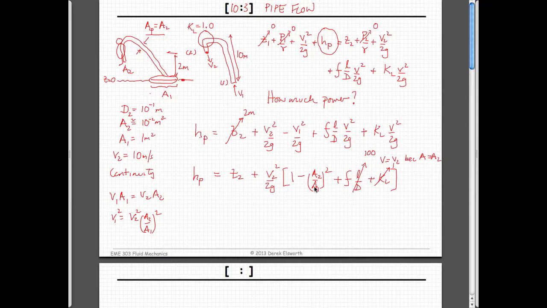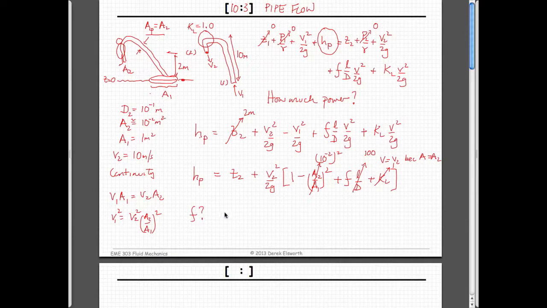And so 1/100th squared is equal to 10 to the minus 2 all squared. So it's going to be a trivial number. We can forget that. And the rest of these numbers we know because we have a velocity in this. So the only thing we need to figure out, I suppose, is the magnitude of the friction factor.